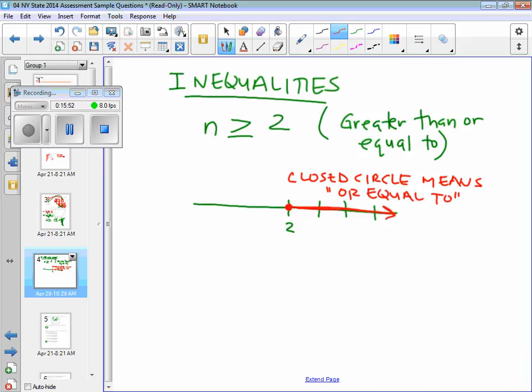So by making that a solid circle, that particular graph is saying all of the numbers that are greater than or equal to the number 2. If you had the arrow go without the closed circle, would it just be greater? I'm going to show that to you now.